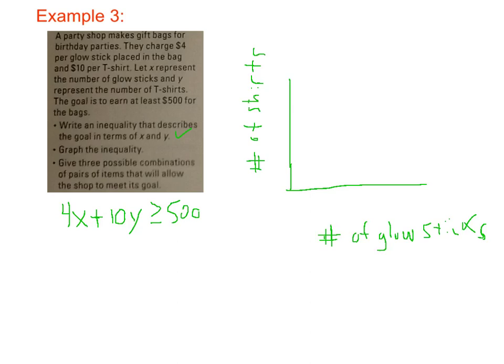I'm going to title this Party Shop Gift Bags. Oh, that's not very clear. Let me clean that up a little bit. Let me rewrite that. I'm just going to call it Party Shop, actually. Alright, so there we've got it. It's set up in those terms.